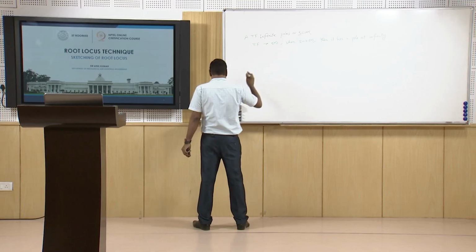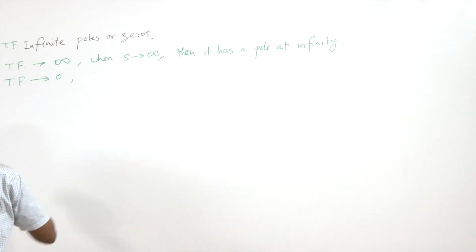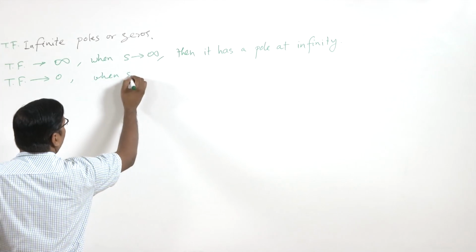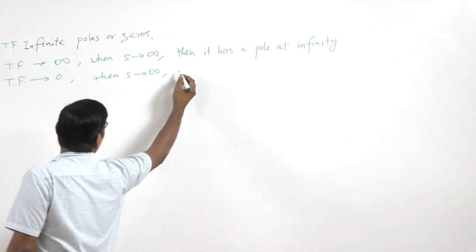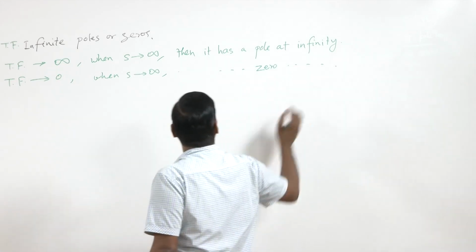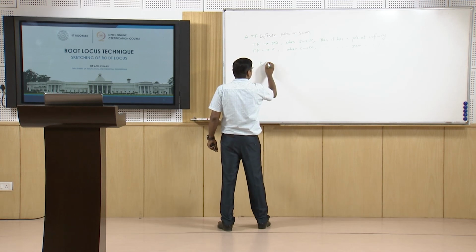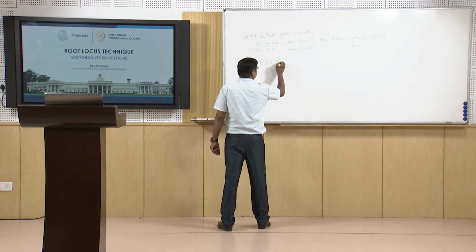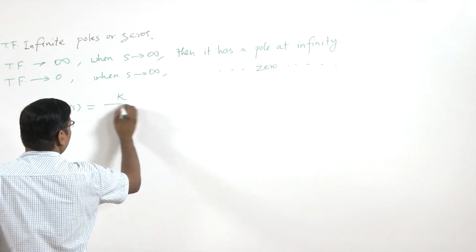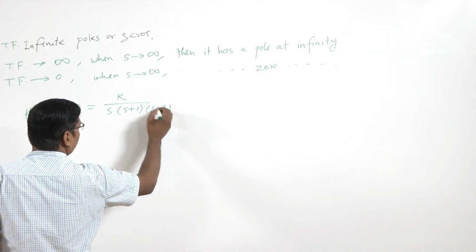And when the transfer function approaches 0, when s approaches infinity, then it has a zero at infinity. So let's take one example, K G(s)H(s) equal to K upon s(s plus 1)(s plus 2).